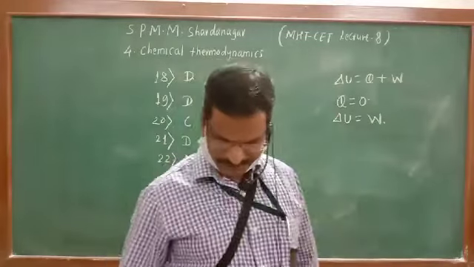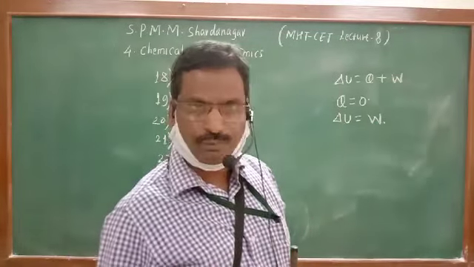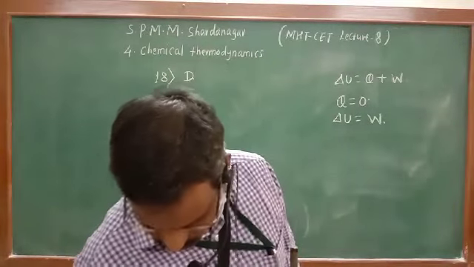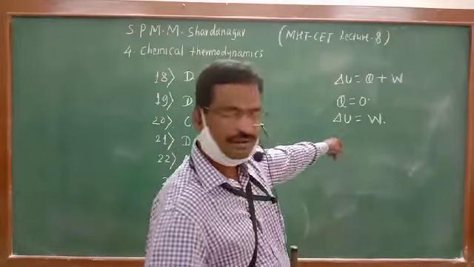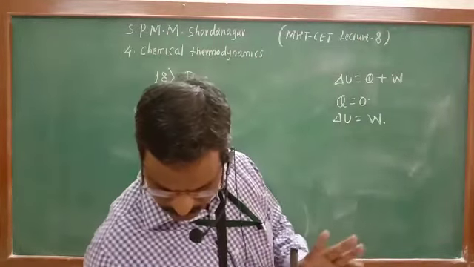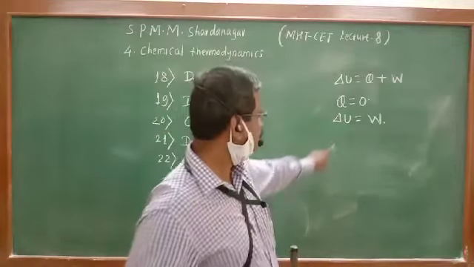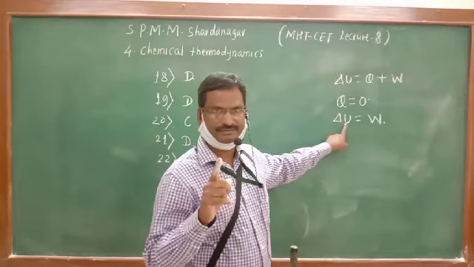So see the options. Option A, Q is equal to delta U plus W, wrong. B, Q is equal to W, that is also wrong. C, W is equal to delta U. This is correct.